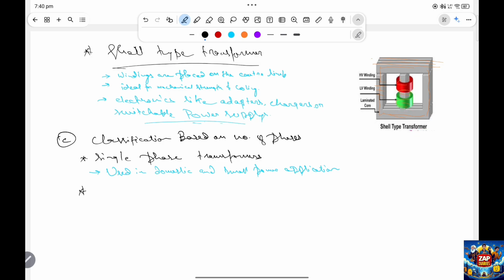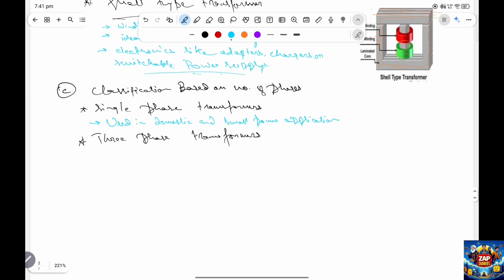And another one is three phase transformers, used in industrial and power system applications. Okay, fine.